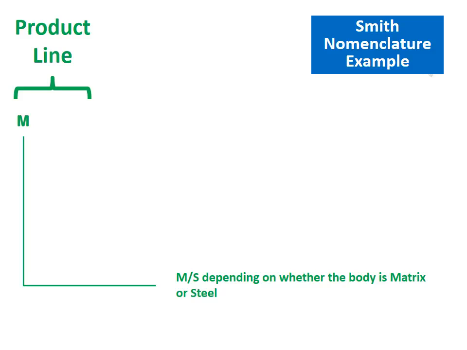At the first position, we may see either M or S depending on whether the body of that bit is made of steel or matrix.